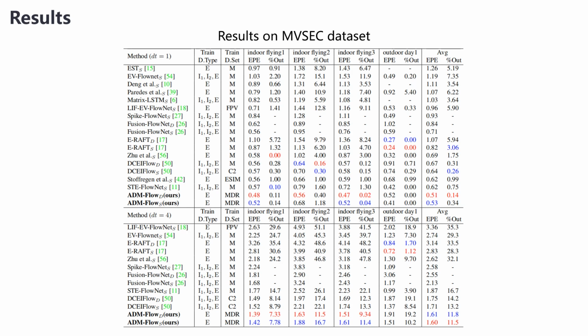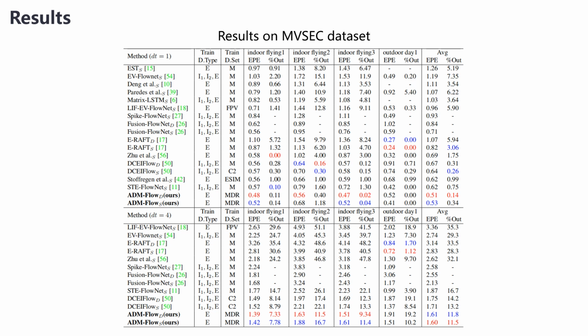We plug ADM into KPAFlow to make ADMFlow, and compare it with previous methods on the MVSEC evaluation set after training on the MDR train set. Results show that our model trained on the MDR dataset achieves SOTA performance in both input settings of DT1 and DT4. Notably, our ADMFlow demonstrates a 23.9% improvement for dense optical flow estimation in DT1 settings, reducing EPE from 0.67 to 0.51.